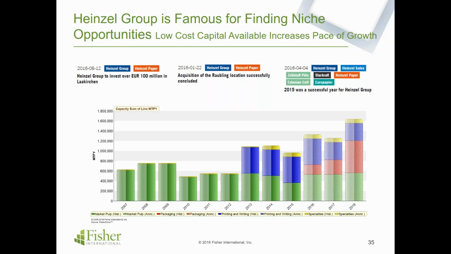invest into this SC production. These are kind of brave moves in today's world where printing and writing capacities are shrinking, and the question is how Heinzel is able to do something like this. Low-cost capital is one answer, but it doesn't give the full picture. I have learned that Heinzel Group is actually trading a million tons plus more paper globally than what they are producing themselves.